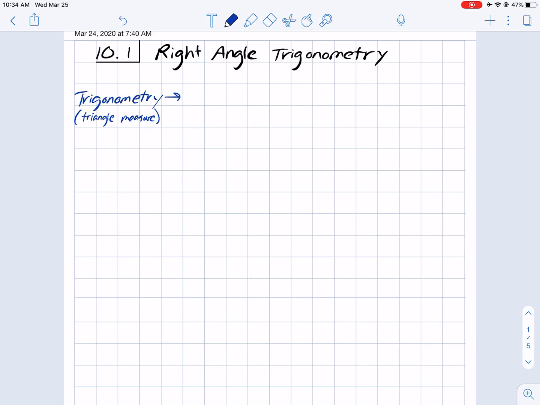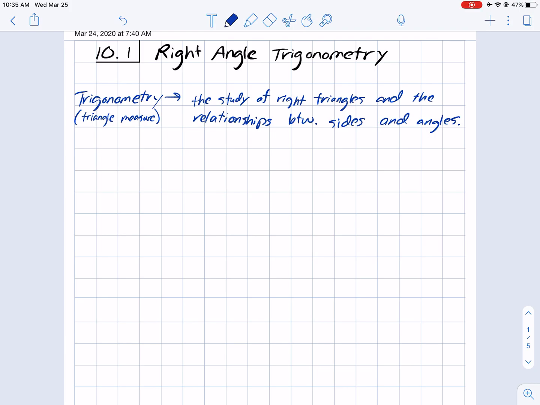But our more formal definition is the study of right triangles and the relationships between sides and angles.